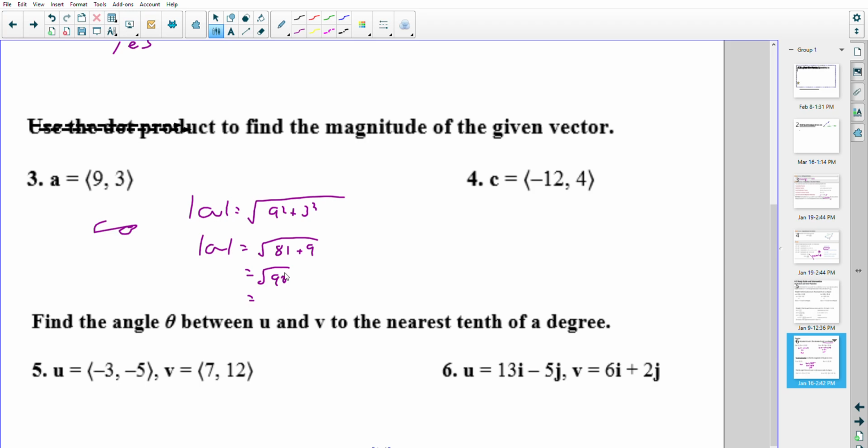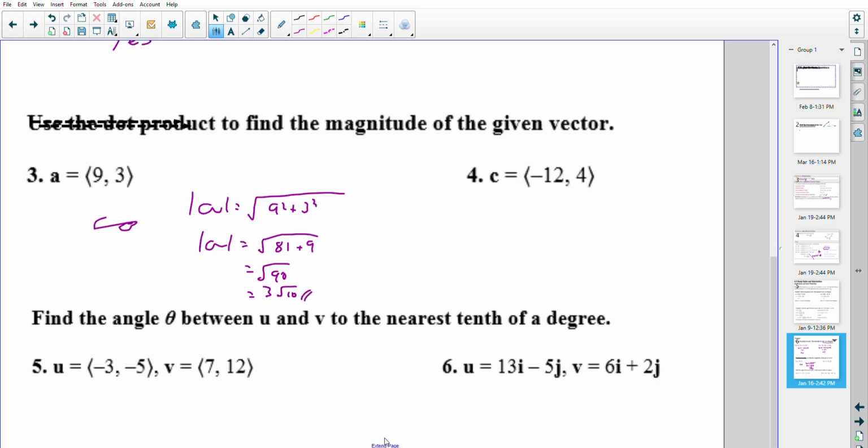Taking a 9 out, that's 3 square roots of 10. And you're going to use that to find the angle between two vectors.